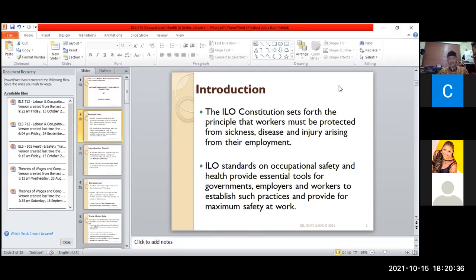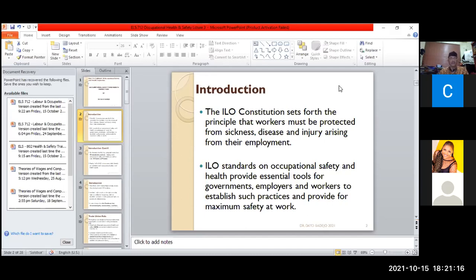The ILO has given us this constitution, and there are ILO standards on occupational health and safety, or safety and health as we use them interchangeably, which are the essential tools for government, employers, and workers to establish such practices and provide for maximum safety at work. It's a collective effort, though from our various laws, it's the employer that is expected to make sure that the workplace environment is safe and healthy.